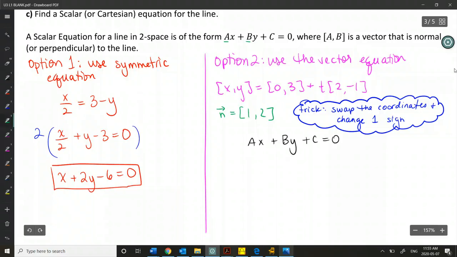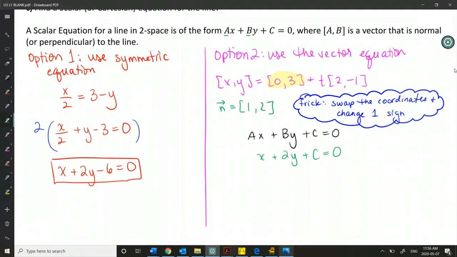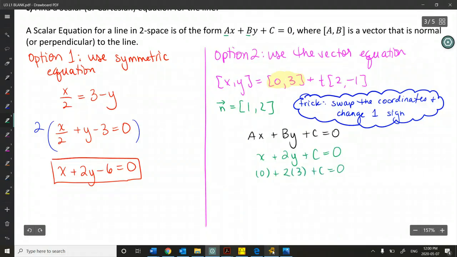So the question is now, how do we find the c in this? Well, that's where the second part of our vector equation comes in handy. This is a position vector that goes out to a point on the line. So we're going to plug in the point (0, 3), and solve for c.